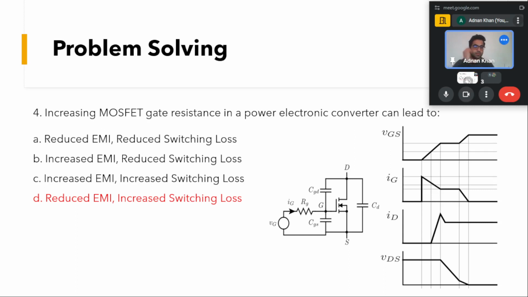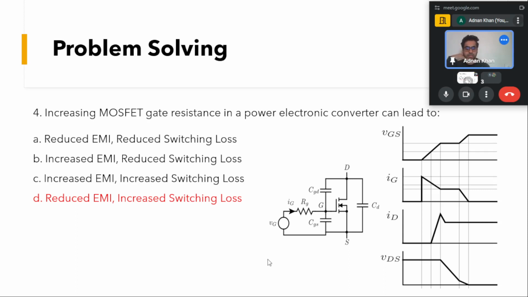If we increase this gate resistance, then it will take more time to charge the gate-source capacitance, and the turn on time is increased, as you can see by this waveform, and as we had discussed in the previous sessions.